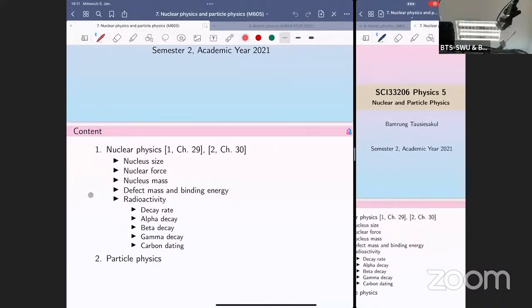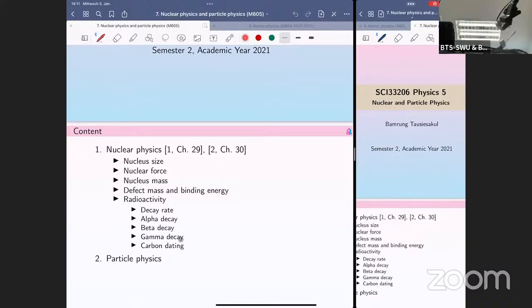the radioactivity will be the story about decay rate. Okay, we will talk about decay rate, and yeah, there will be 3 particles that are emitted from radioactivity. The first one is alpha, the second one is beta, and the third one is gamma. Alpha, beta, gamma are the main 3 fundamental particles from radioactivity.